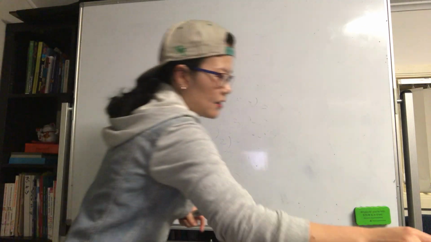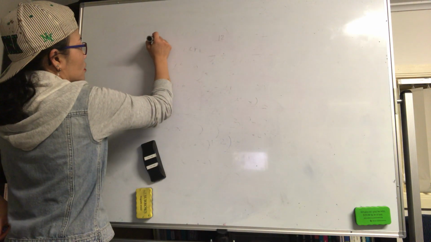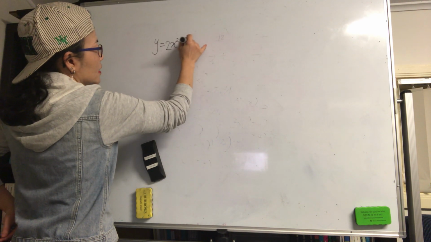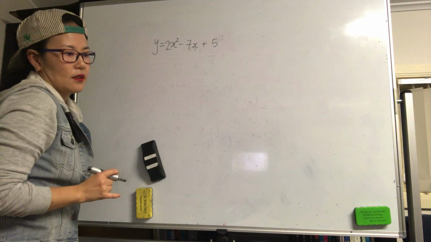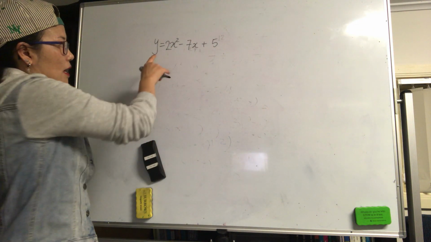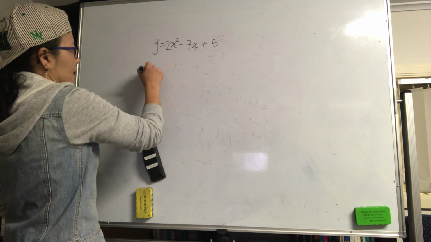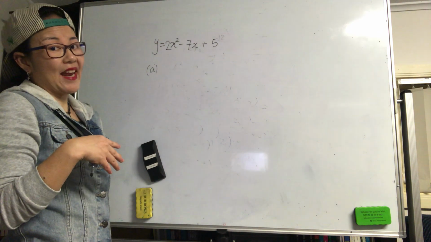Okay, and question 4 is about a parabola. So y equals 2x squared minus 7x plus 5. For the parabola y equals 2x squared minus 7x plus 5, part A, we need to find the y-intercept. The y-intercept is when x equals 0.